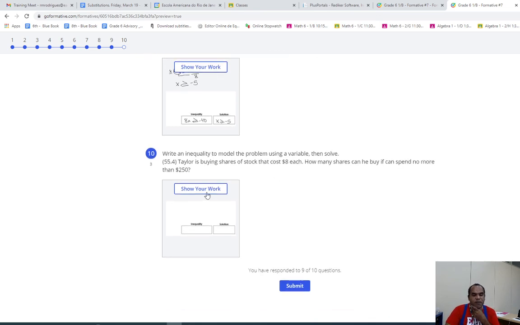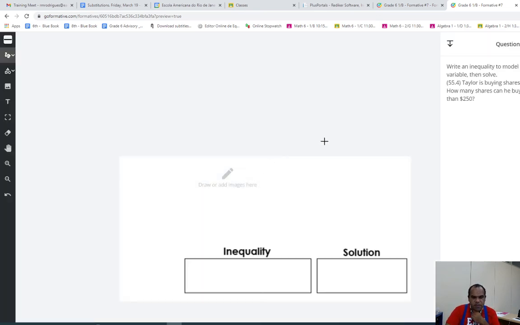Number 10, the last one. Taylor is buying shares of stock that cost $8 each. $8 each, guys. We're talking about shares. I will use the variable x.